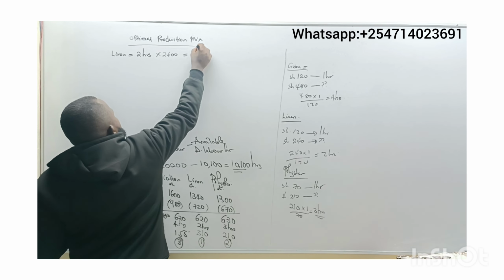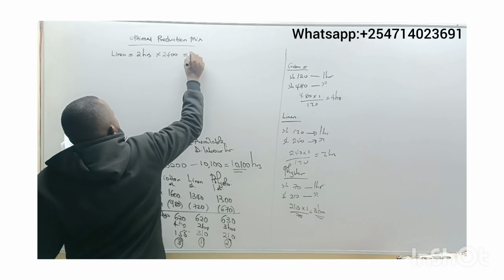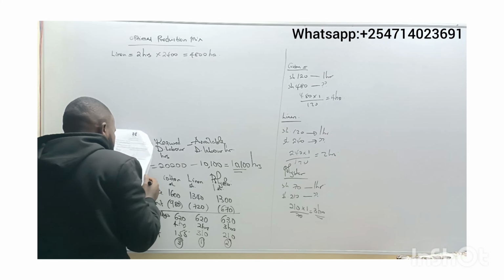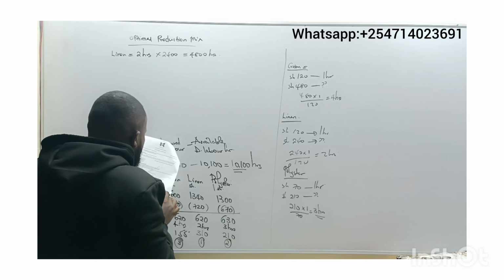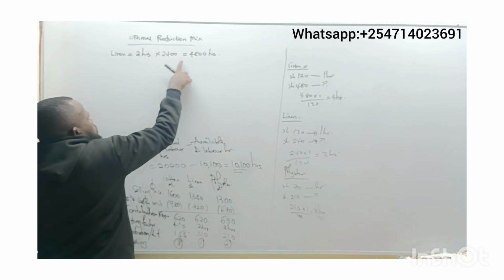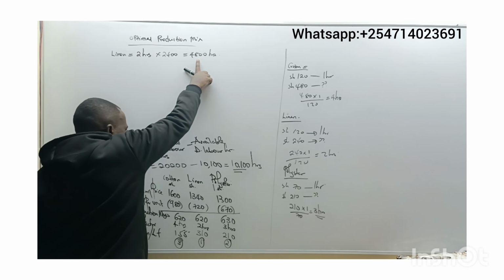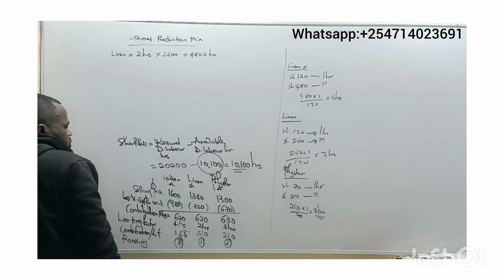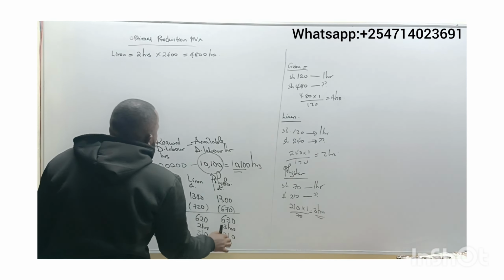So this would be 4800 hours. Remember, we have 10,100 hours. So that product, we can produce all of it because the hours needed are 4,800, but we have 10,100. So let's go to polyester.